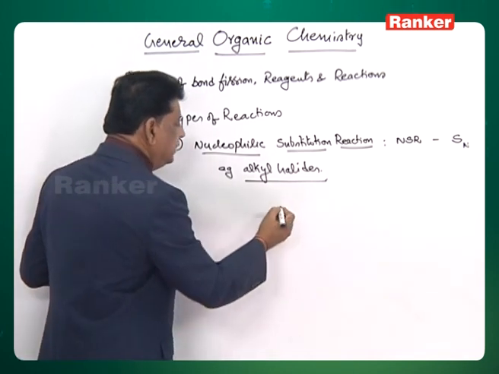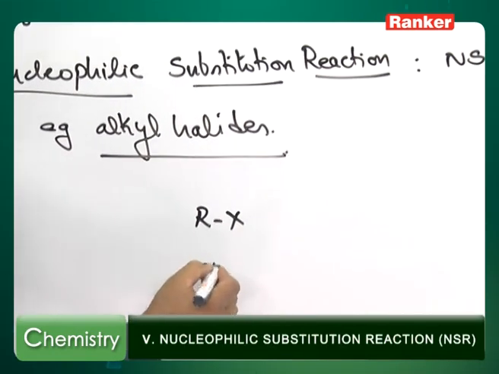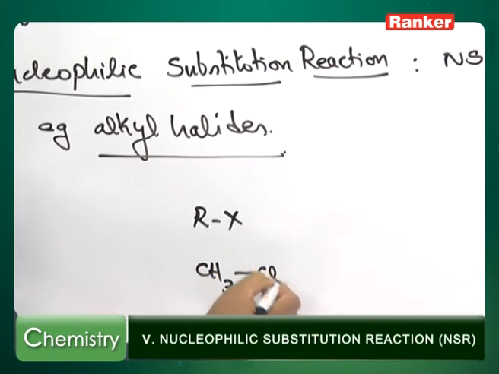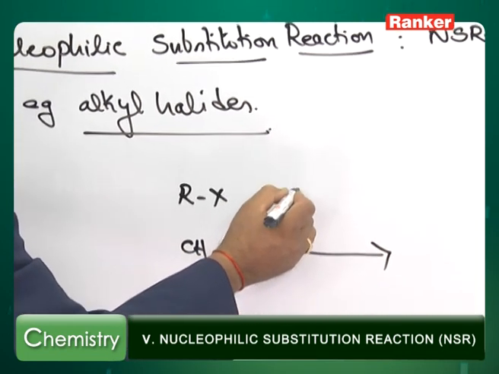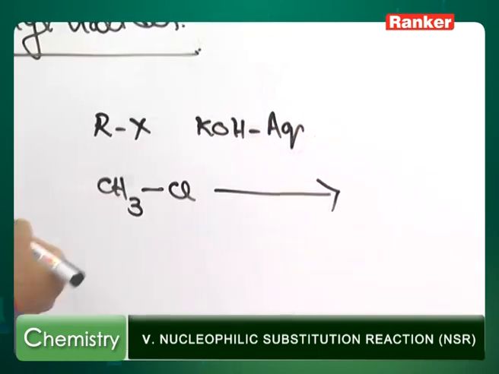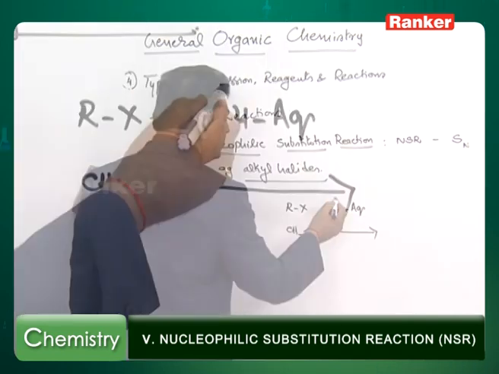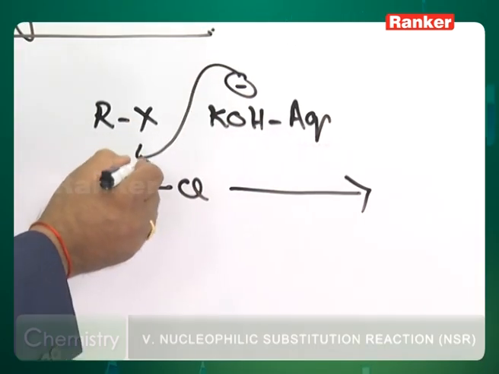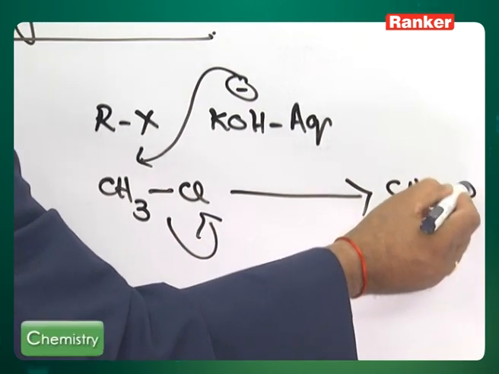So, the basic skeleton reaction may be shown as RX, or methyl chloride as a specific example, when treated with potassium hydroxide or sodium hydroxide, that is, a water dissolved solution. So, if an aqueous solution of KOH is added, the OH minus replaces the Cl minus and you get methanol.